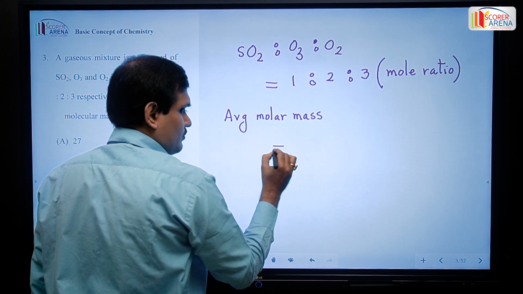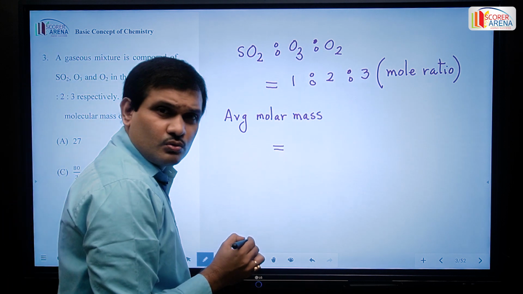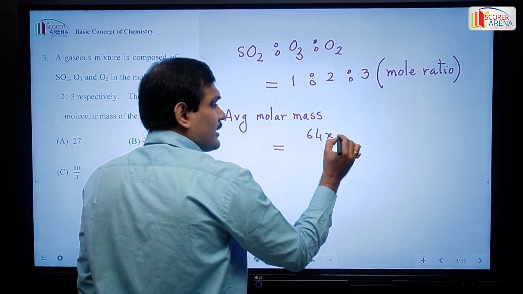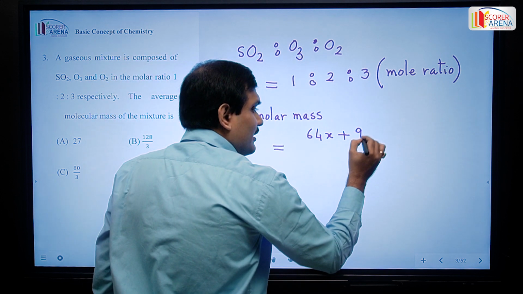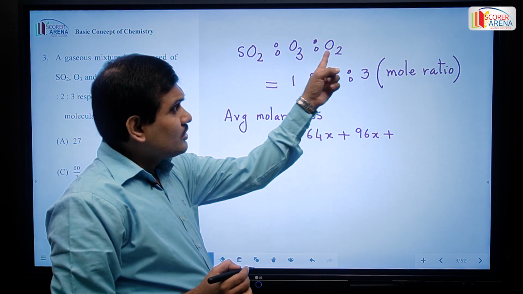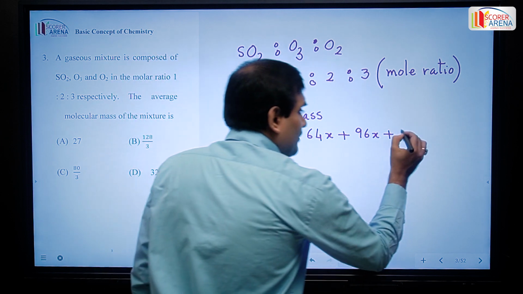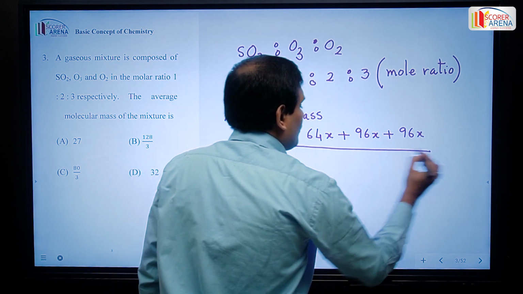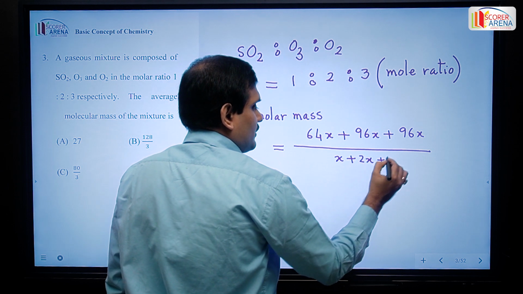That will be equal to, suppose you take x mole SO2, it will have the mass 64x. If you take 2x moles O3, it will have the mass 96x. If you take 3x moles O2, it will also have the mass 96x, divided by the total number of moles, x plus 2x plus 3x.